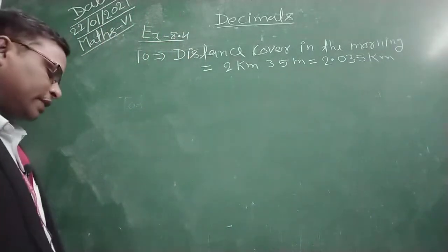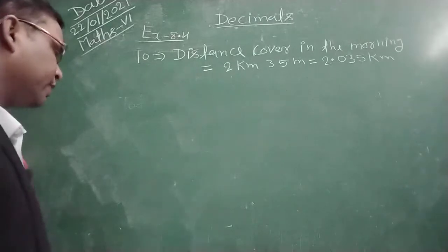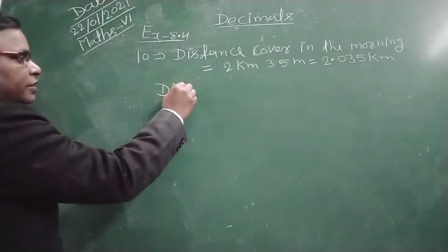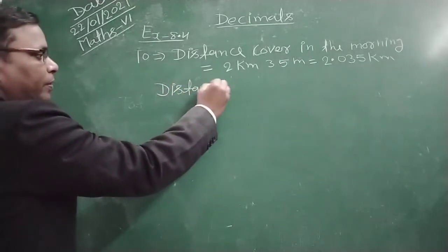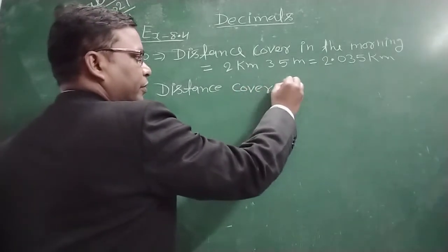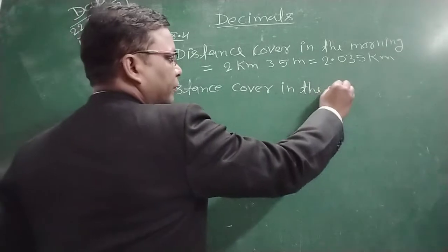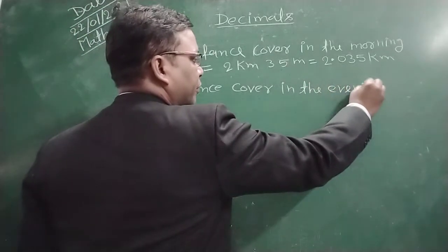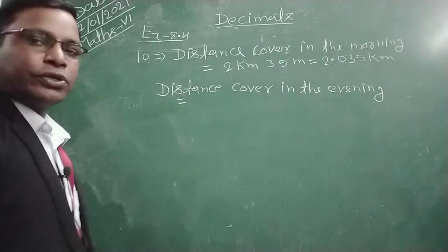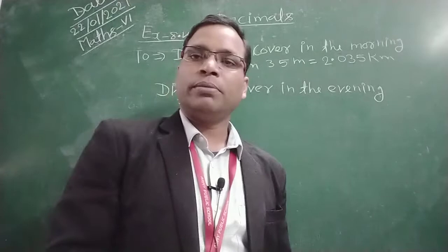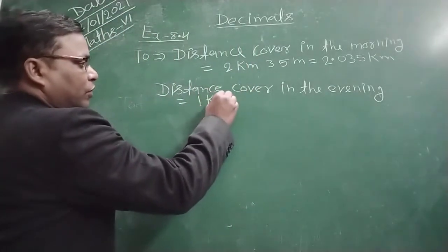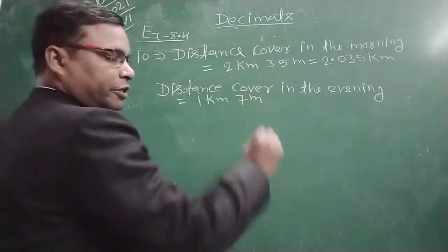Now the distance Naresh covered in the evening. So you will write distance covered in the evening. This is equal to, given, 1 kilometer 7 meters.